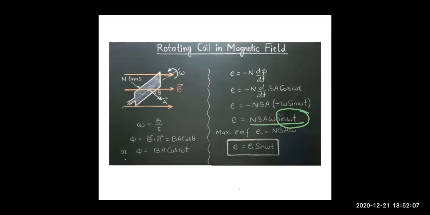So this will become 1, and you will have the maximum EMF as NBA omega, right? So you can write this equation with NBA omega replaced by E0, so E equals E0 sin omega t. So this is the magnitude of induced EMF in a rotating coil in a magnetic field.